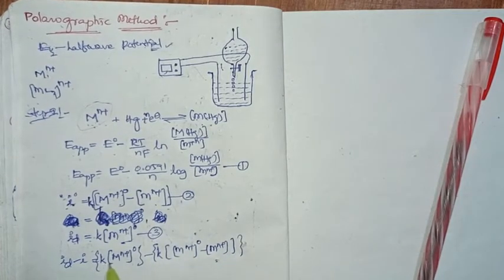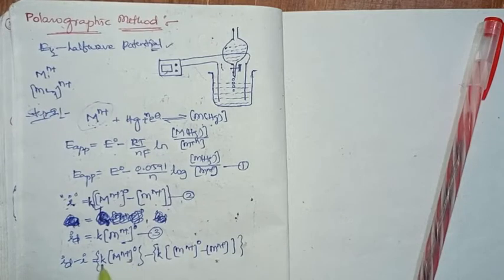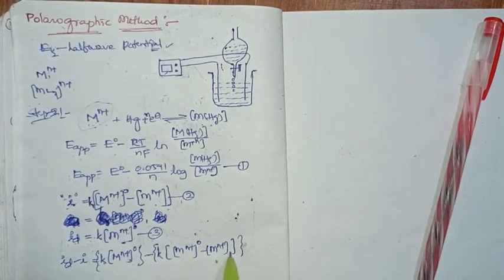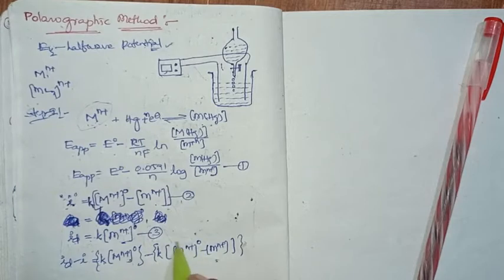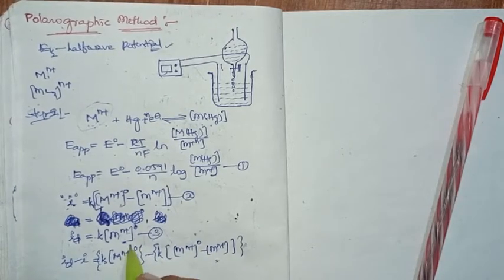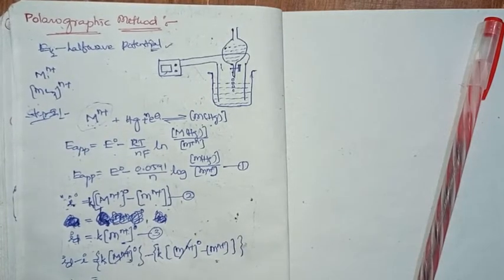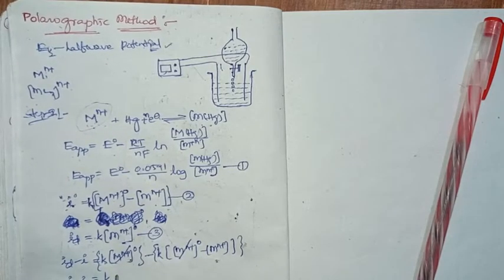Here, when we distribute the minus inside the bracket, the negative value becomes positive, so these two terms cancel. That gives ID minus I equal to small k times the remaining metal ion concentration.